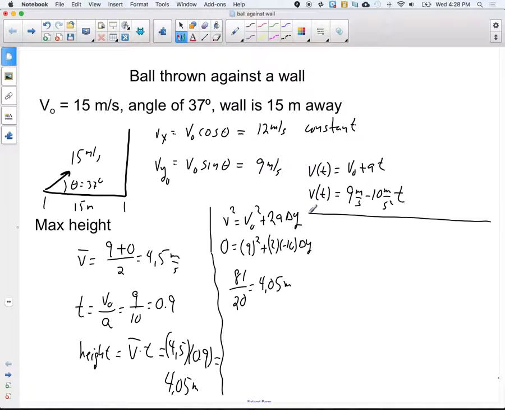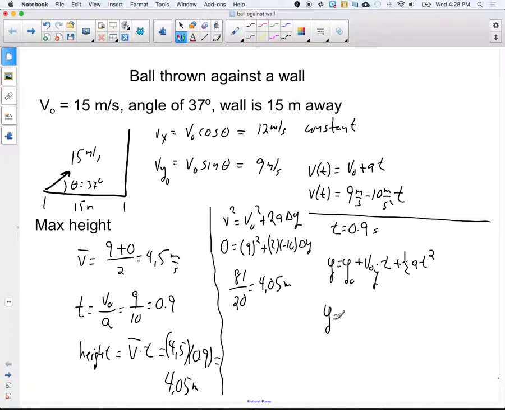Actually, the last way to do it is, again, we know that the time to the top is 0.9 seconds. So y is equal to y0 plus v0y times t plus 1/2 at squared.